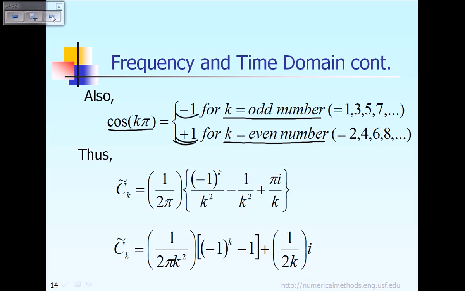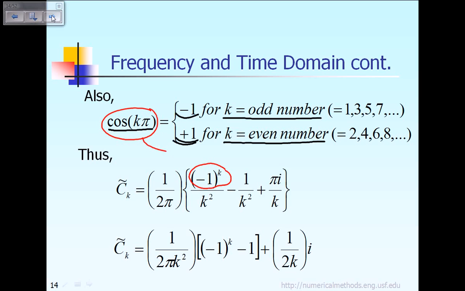Because of that, this term right here, cosine of k pi, we can express as -1 raised to the power k.